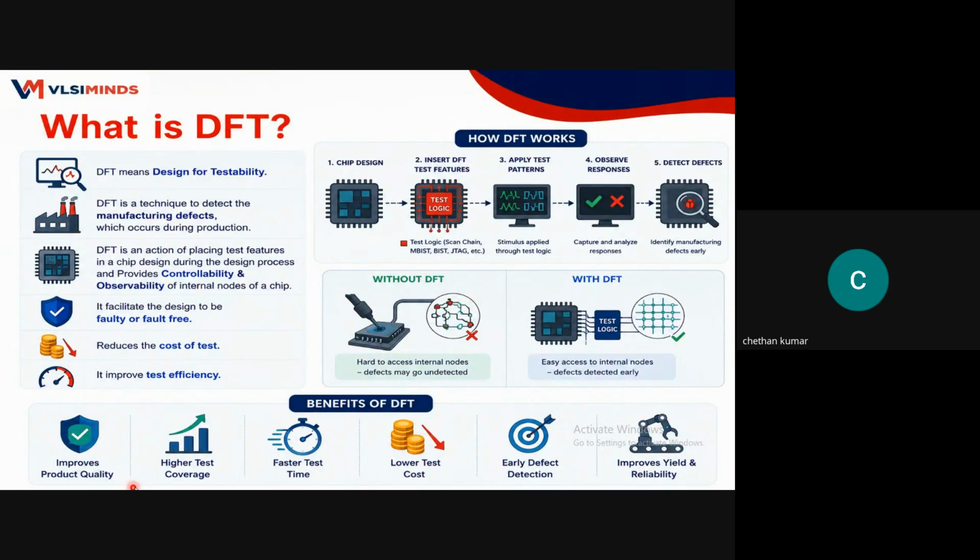It improves the product quality, so we can confidently say that my product will work. The DFT engineer's quality is measured with respect to the test coverage. Usually in the market, they expect 99% stuck-at coverage and 85 to 90% TDF, that is transition delay fault coverage.